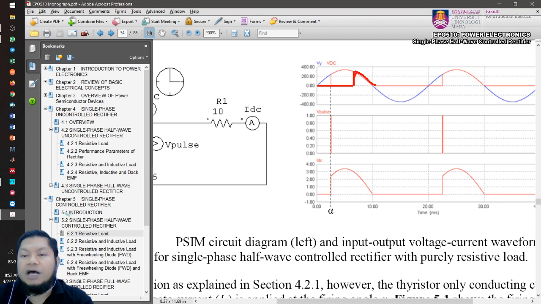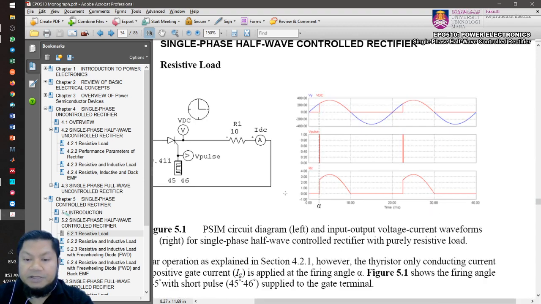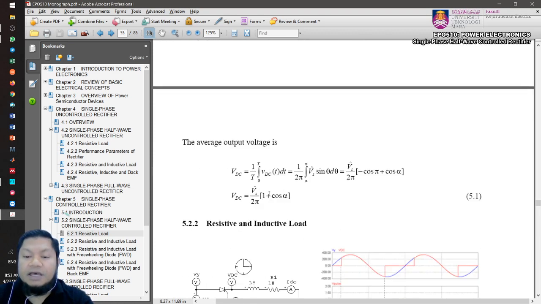So your output voltage becomes smaller as you increase alpha. Alpha maximum is at pi. If alpha equals pi, then the output voltage will be 0. You can check with the equation here.